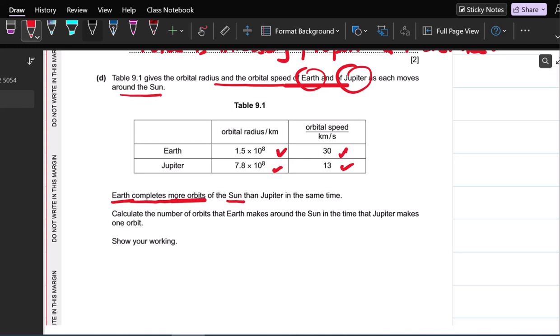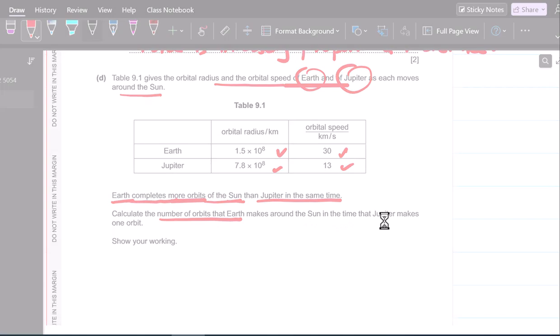Earth completes more orbits of the Sun than Jupiter in the same time. Calculate the number of orbits that Earth makes around the Sun in the time that Jupiter makes one orbit. So we have to actually calculate that.